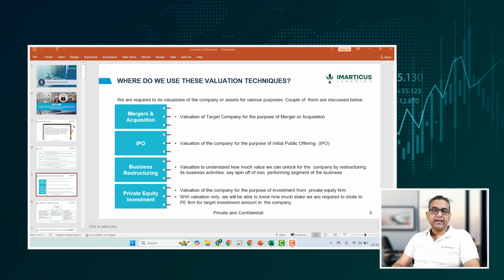For example, LIC came out with a 21,000 crore IPO in 2022, and recently we saw Hyundai India came out with a 28,000 crore IPO in 2024. So again, how do we decide how much stake we should sell in the IPO, and what value we should get per share? In that case also the valuation is done, and then that price is determined.